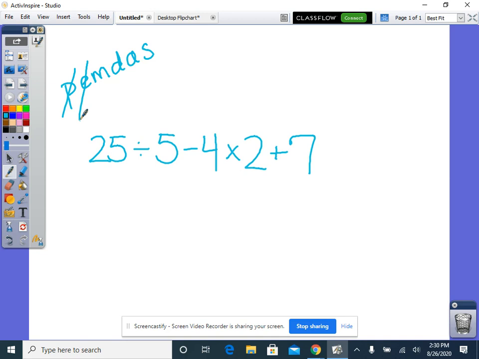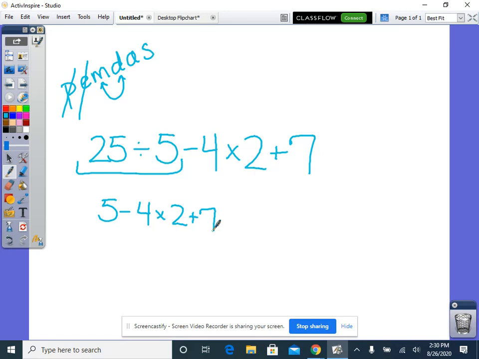Okay? So next, multiplication, division. Remember, those are inverse operations. So I'm going to look at the left, I'm going to make my way to the right, and I'm going to see which one comes first. In this case, division came first. So I have 5 minus 4 times 2 plus 7. Okay?